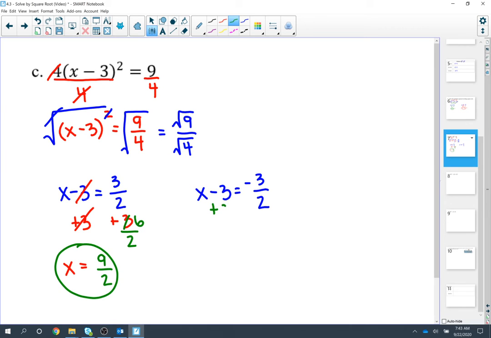Second solution, I'm going to add 3 again. X equals, just like before, I'm going to find a common denominator of 2, which is going to change my numerator to a 6. This time I have a negative, so 6, 5, 4, 3/2 is our second solution.